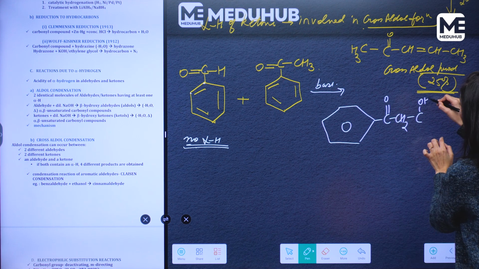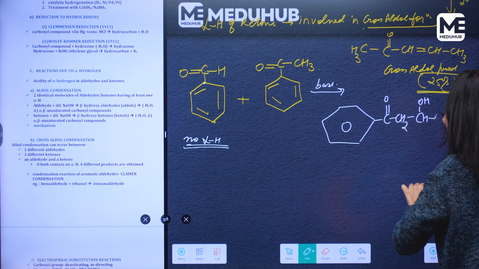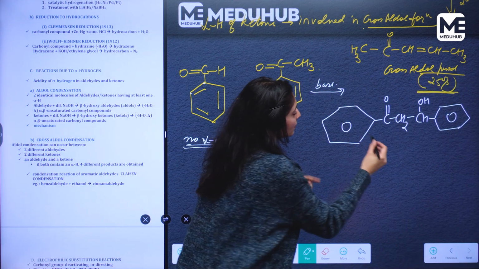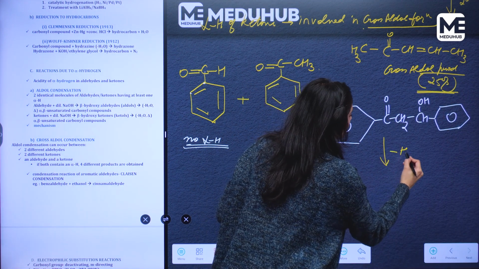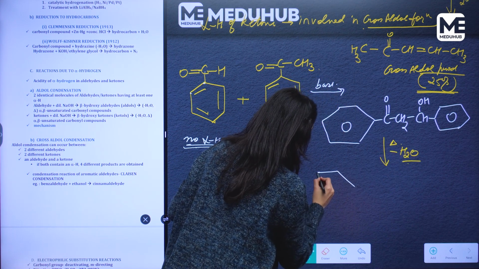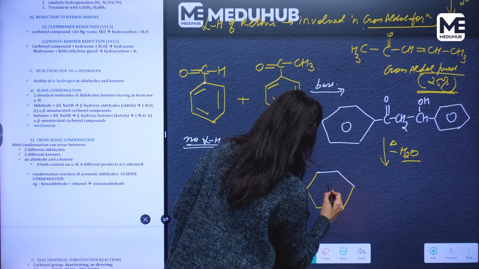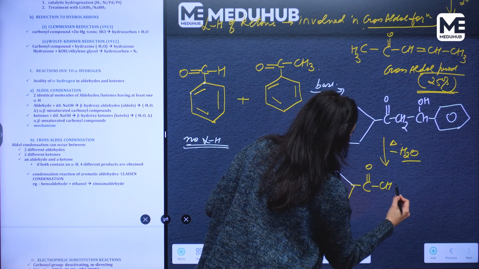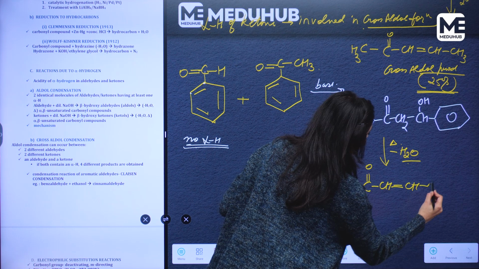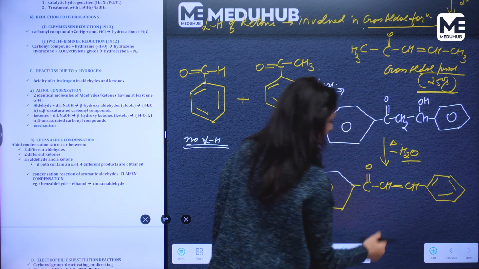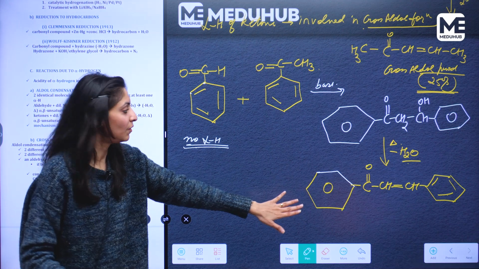This will get attached to OH now, and further it is attached to a benzene ring. This is the product. This will lose a water molecule on heating to give this as the product. Alright.